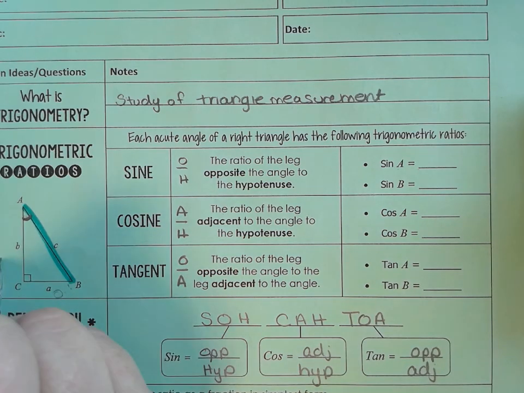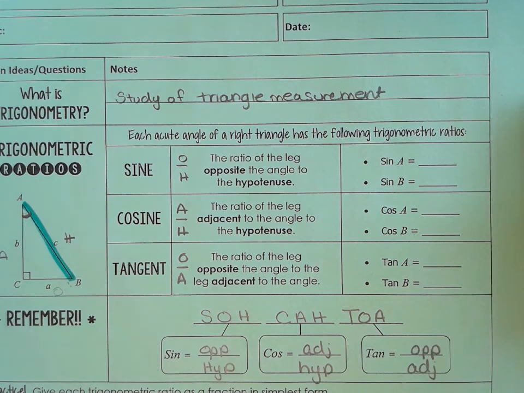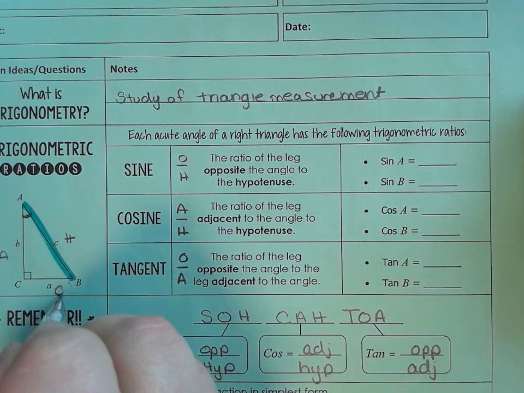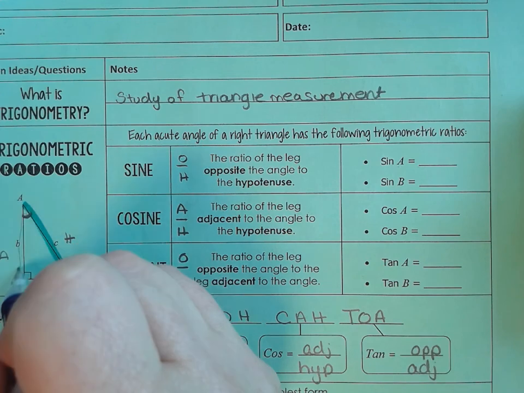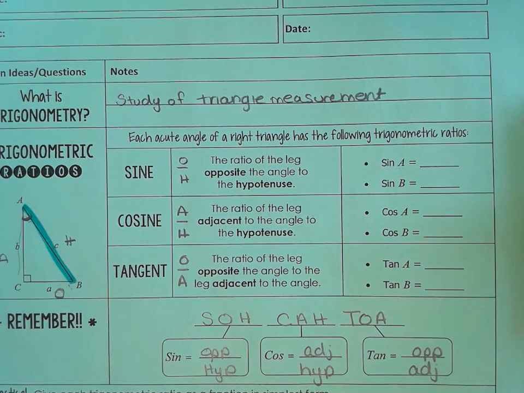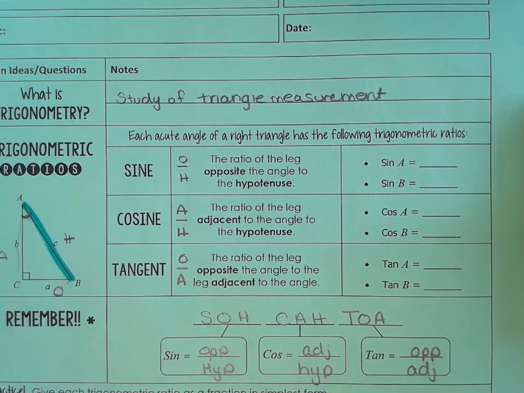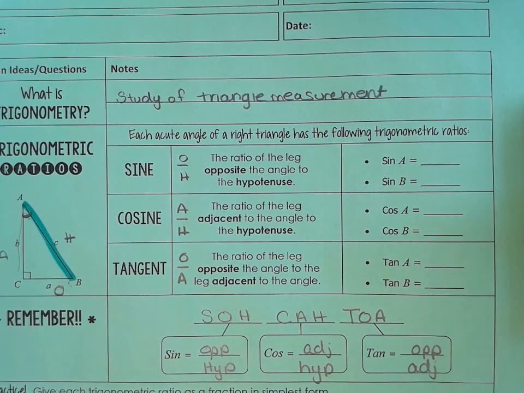This is always your hypotenuse. So if we're using angle A, opposite is A and adjacent is B. Adjacent is just the side that makes up the angle with the hypotenuse. All right? Also, you can remember adjacent as meaning on the side. So we're looking for the one on the side.